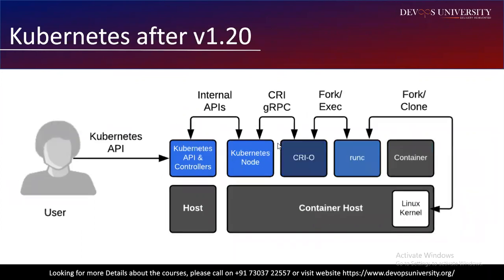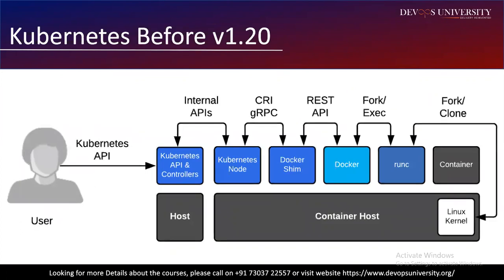Kubernetes after version 1.20, this Dockershim and Docker has been replaced by CRI-O, that is Containerd. Okay, so Containerd is a container runtime interface, which is replacing Docker and Dockershim, right? So only this has been changed.